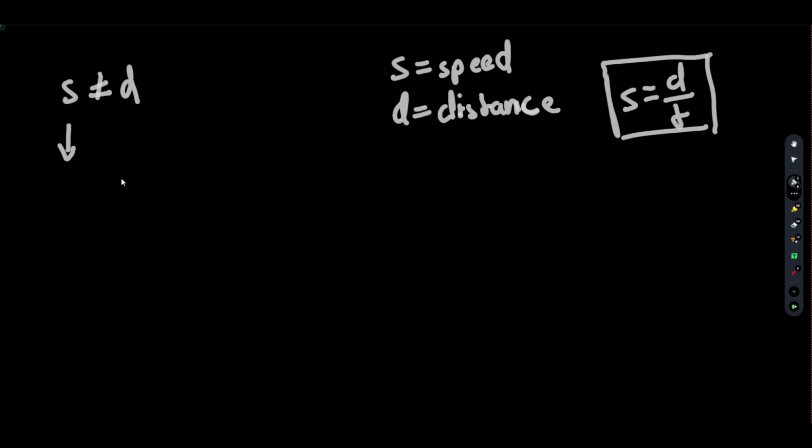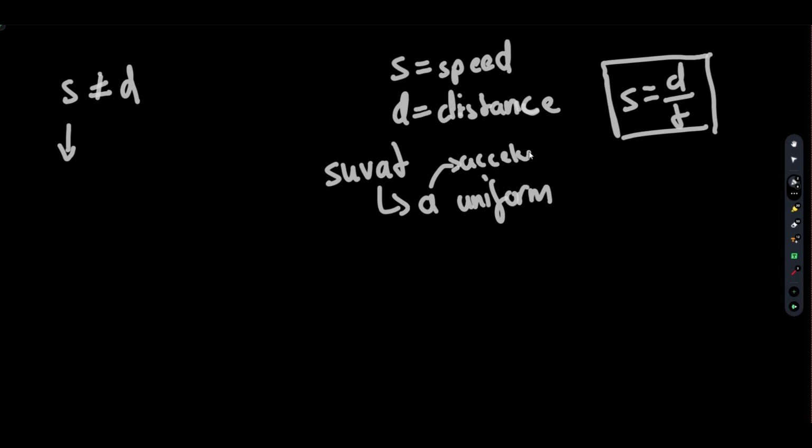These are now SUVAT equations where acceleration has to be uniform. So in SUVAT equations, the acceleration A has to be uniform. And remember, A stands for acceleration. And what do I mean by uniform?